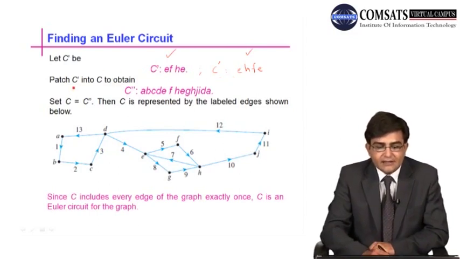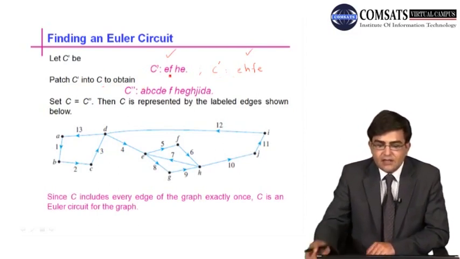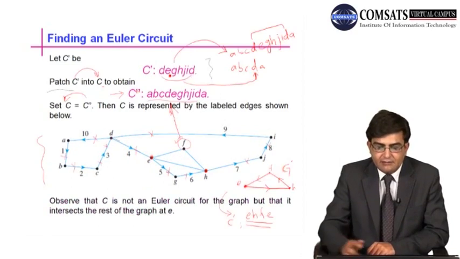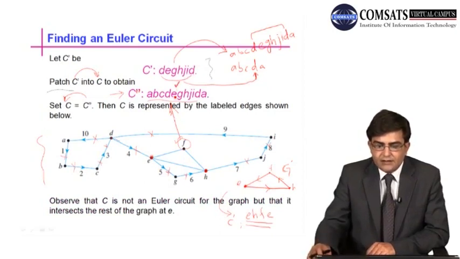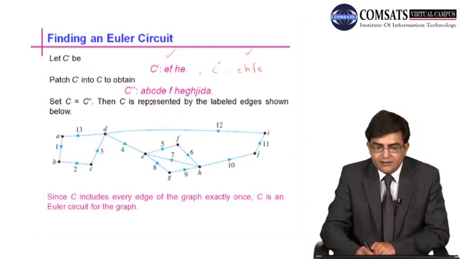Now patch C dash into C. What was C? C was A, B, C, D. Here we had E. Now just insert here E, F, H, E, that is, E to E. You can insert the other one here also.